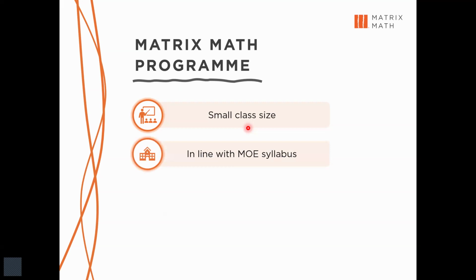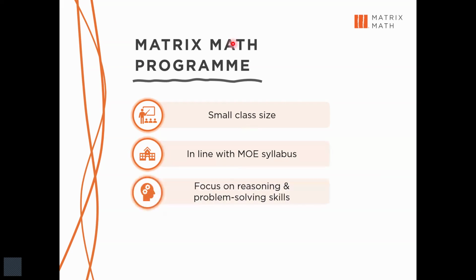The next thing is that our program is in line with the MOE syllabus. A lot of parents are concerned about whether this is an enrichment. No, we're not an enrichment. What we do is always in line with the MOE syllabus. It may sometimes go a little faster than the school syllabus, because we start our academic year in November, but by year end, everything we covered should be what school covers.